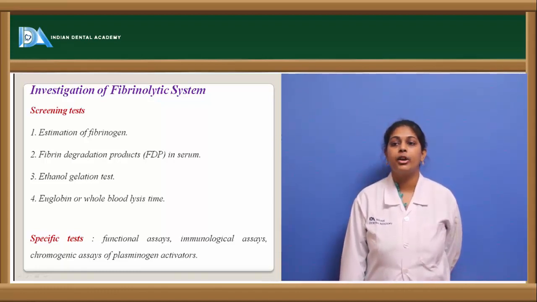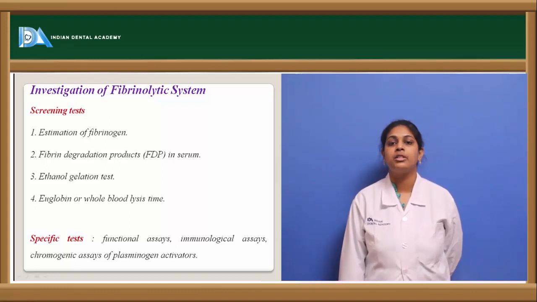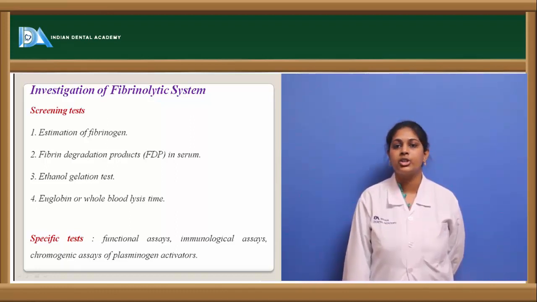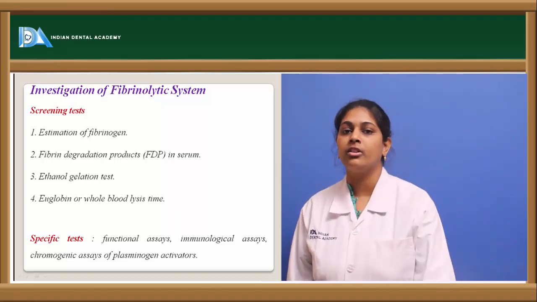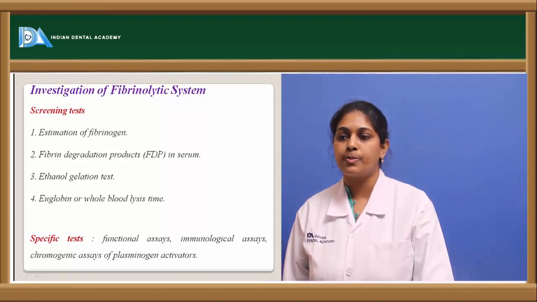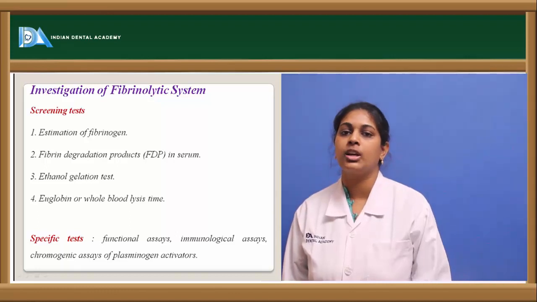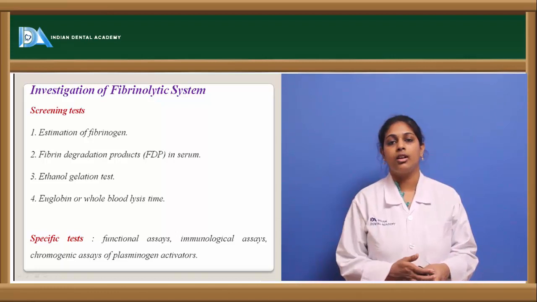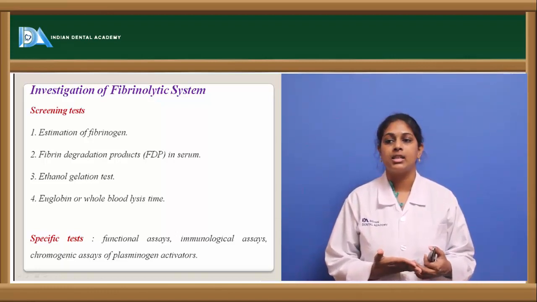Other than that, the euglobulin or whole blood lysis time is estimated, and these are the tests which usually establish that the patient is suffering from a defective fibrinolytic system. Coming to the specific tests, these are the tests which establish the reason for the defect in fibrinolysis.